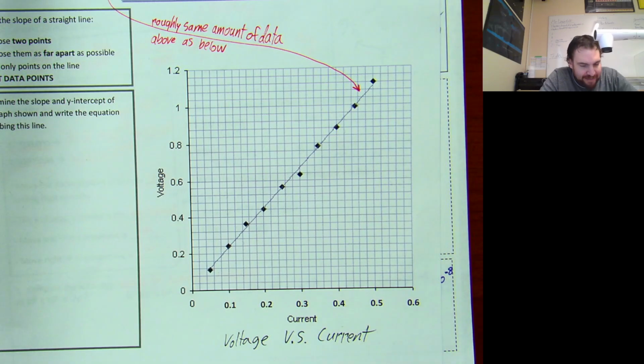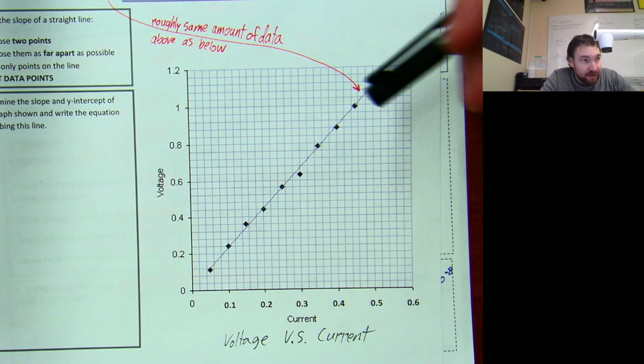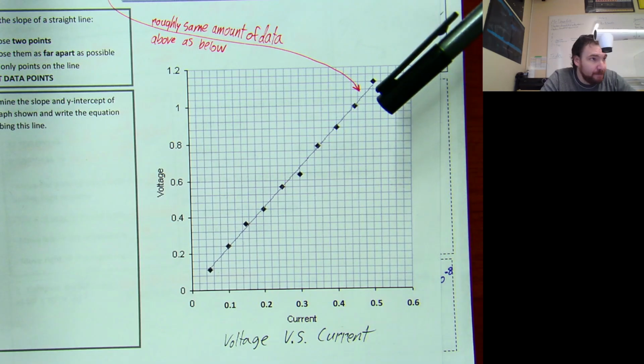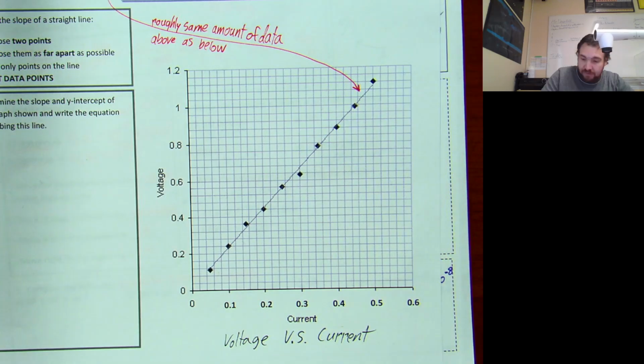Now, we can't assume that 0, 0 is a valid data point, but let's look at this thing. I've got voltage and I've got current. If I have no voltage, can I have any current? So for this set of data, would it make sense for 0, 0 to be a valid data point? Yes. For this data, it would. So I'm going to add it in here.